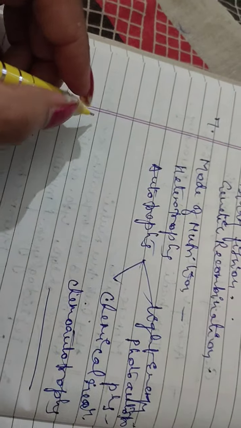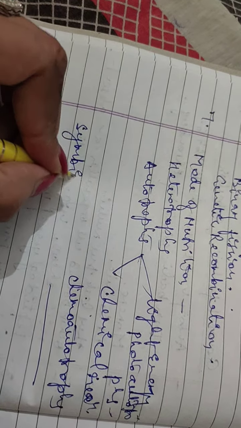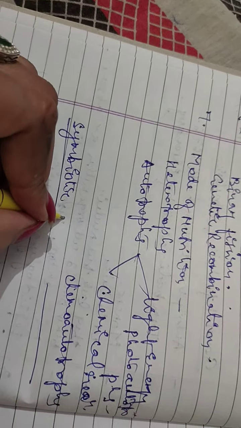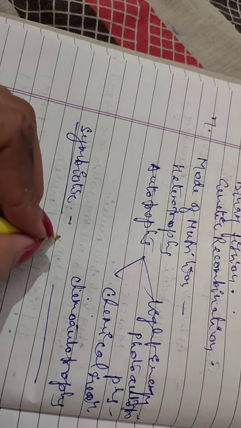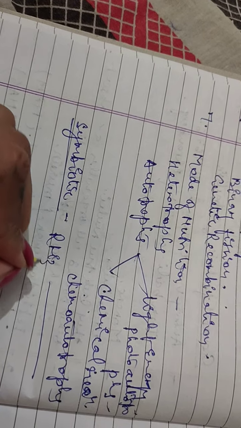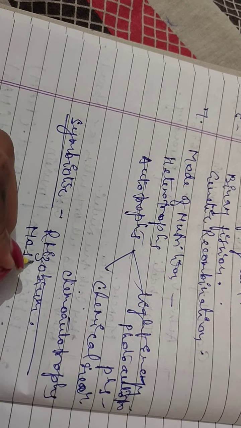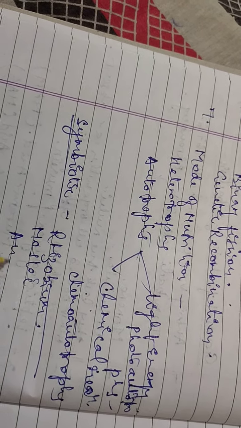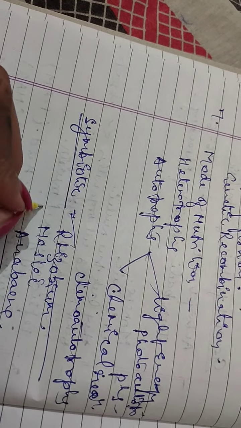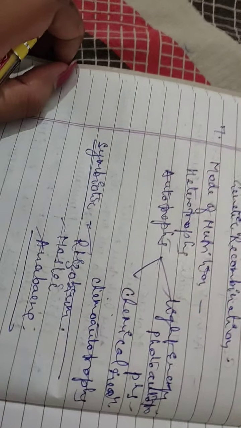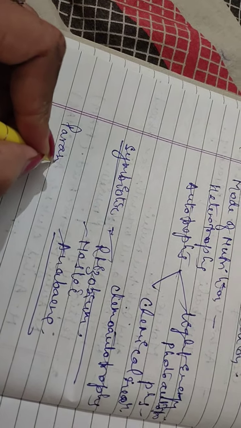And besides this, they also show symbiotic relationship, and I think you all have studied about Rhizobium, Nostoc, Anabaena. So Rhizobium is bacteria, Nostoc and Anabaena are cyanobacteria, and some are also parasites.